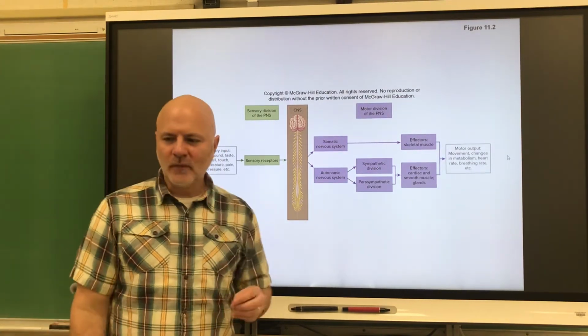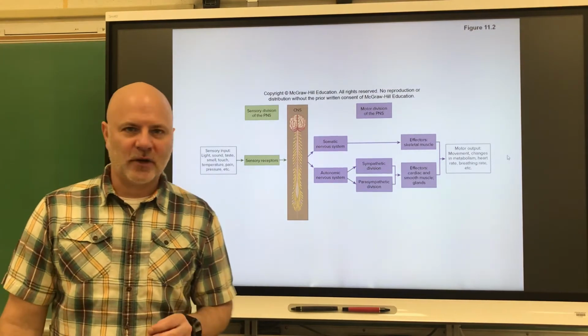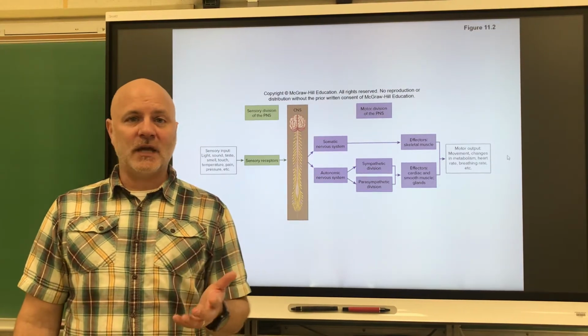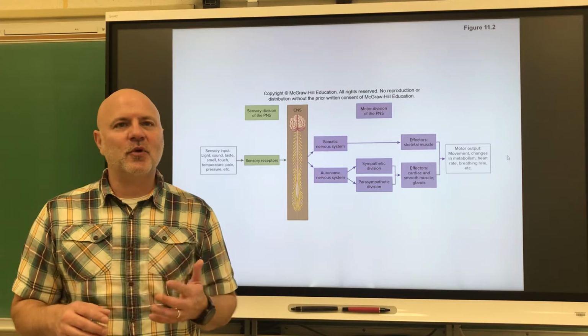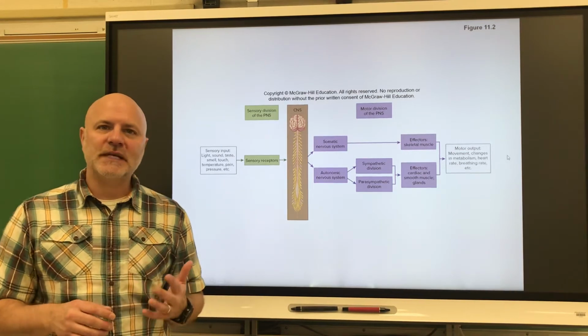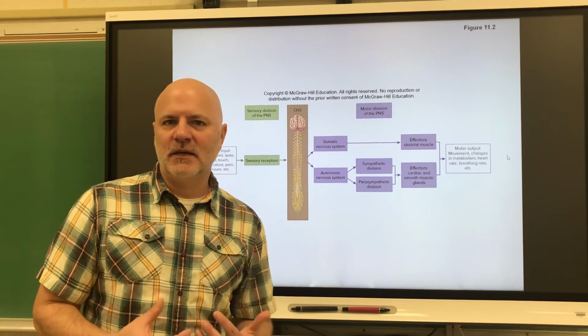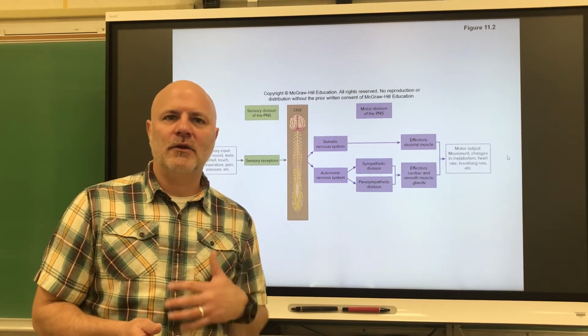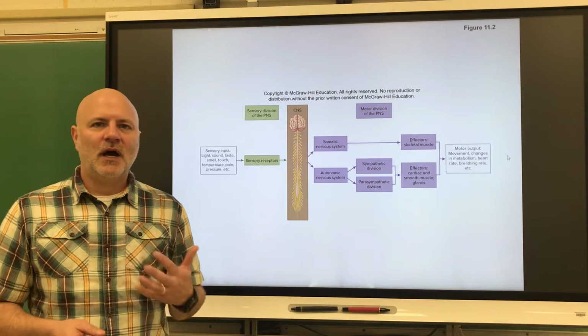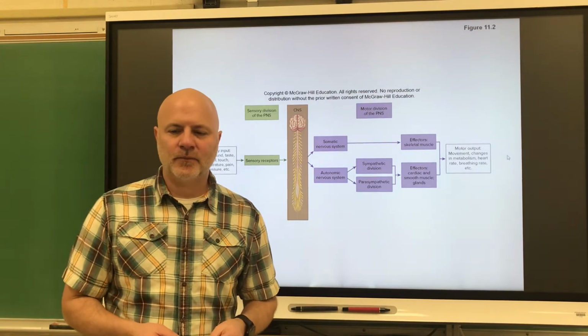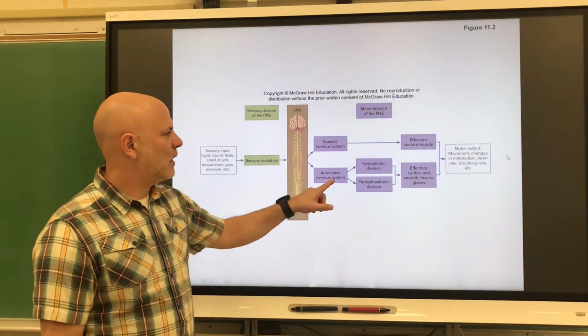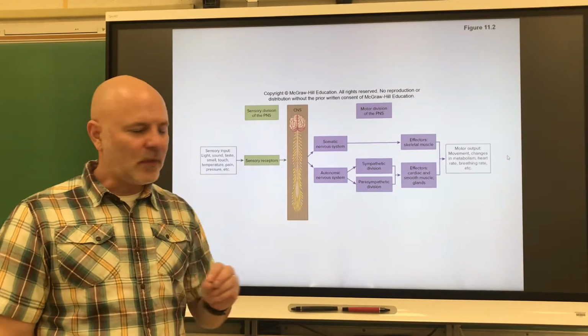The other is our autonomic nervous system, or the ANS. The autonomic nervous system is portions of the nervous system that control the actions of the viscera, our internal organs. And this is involuntary. You don't think about your heartbeat, you don't think about digestive activities. Those are involuntary actions. There are two parts to our autonomic nervous system.